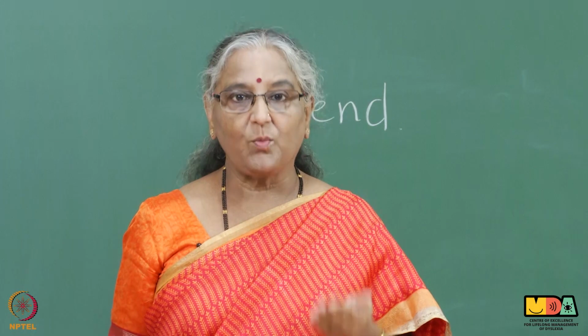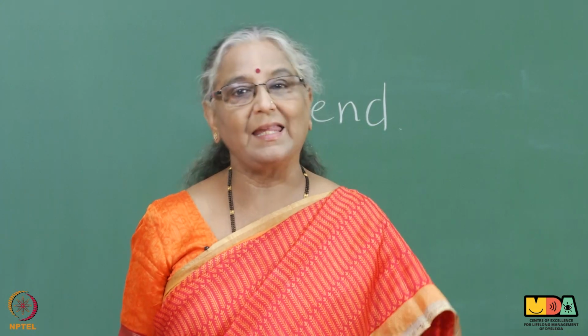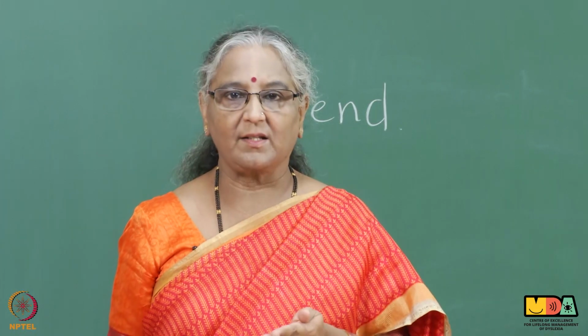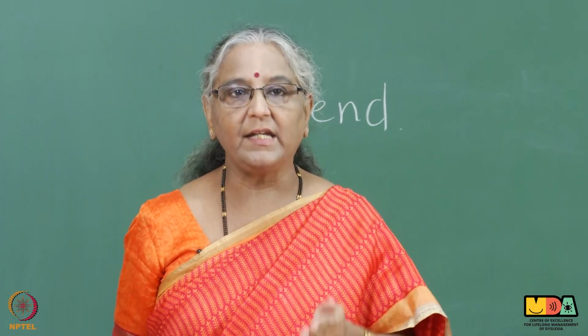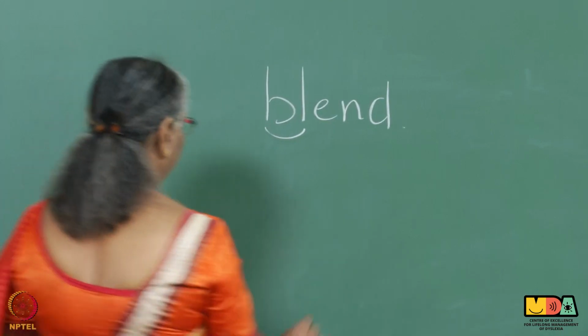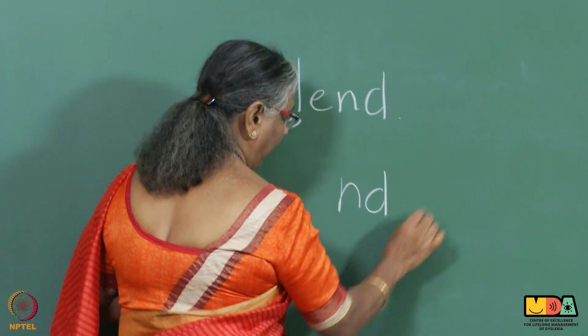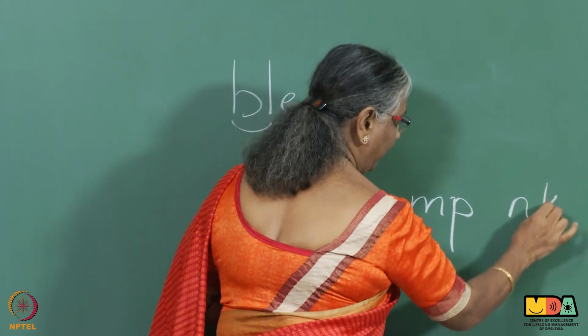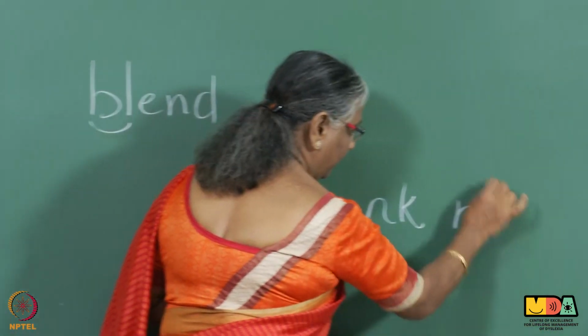Many times we also see blends coming at the end of a word. These are known as end blends, like for instance ND, MP, NK, NT.